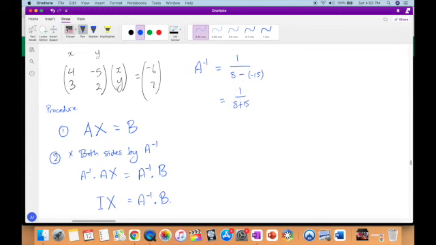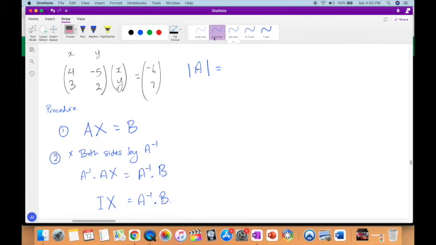Actually, let me write it a little bit differently. 8 plus 15 is 23. Actually, no, that's not 1 on 23. Sorry, the determinant is 23. Sorry, my bad.